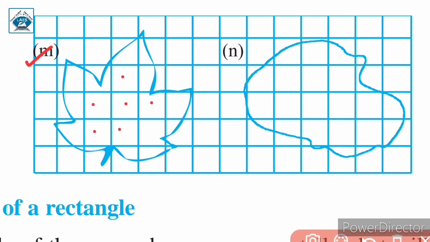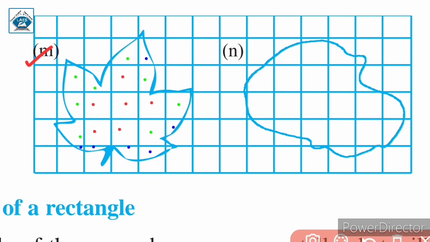Next, for more than half filled squares, we have 1, 2, 3, 4, 5, 6, 7, 8. 8 squares that are more than half squares. And lastly, less than half squares: 1, 2, 3, 4, 5, 6. So there are 6 squares that are less than half.